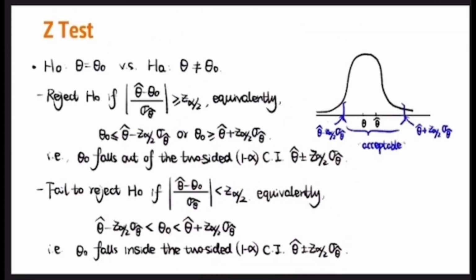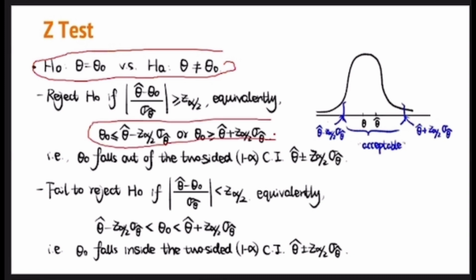Now, the hypothesis version, do you know that if I want to derive two-sided hypothesis, it's actually going to come from the two-sided confidence interval? Is that not two-sided? And let me now tell you the way decision is taken.